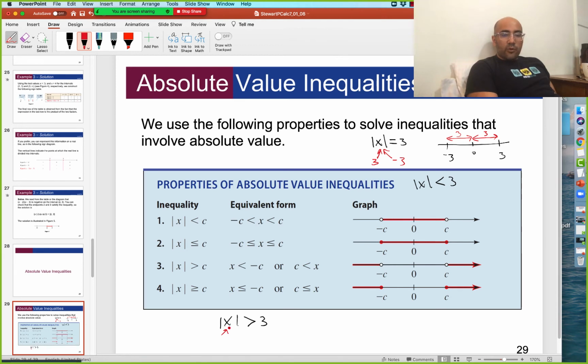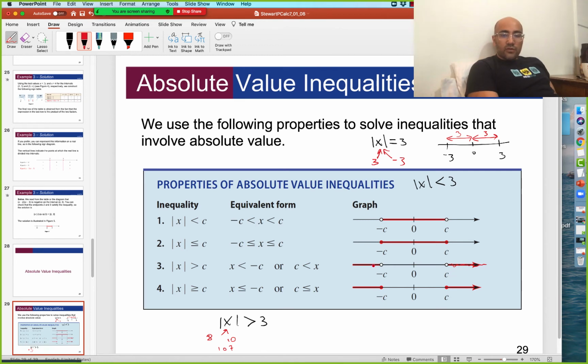What kinds of things can I put in there to make this a true statement? Well, one of those things is really big numbers. How about 8? How about 10? How about 107? All of those numbers can go in here, and the absolute value of those numbers is definitely greater than 3. So I can get this side of it pretty easily: really big numbers, numbers that are bigger than that constant.